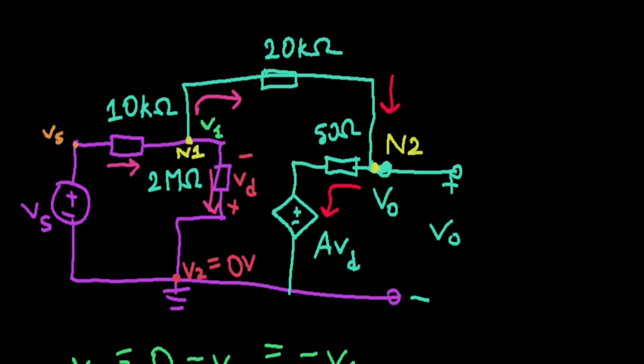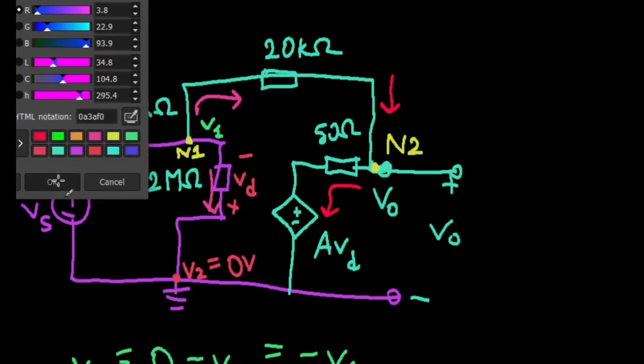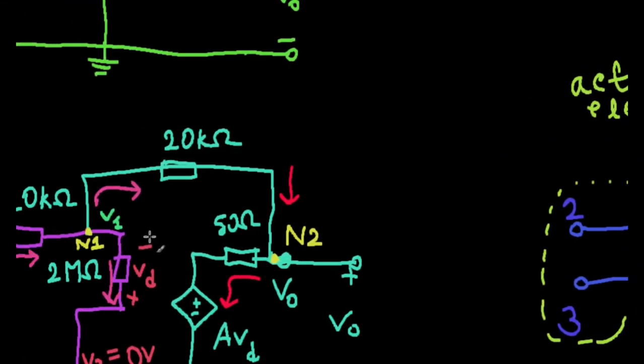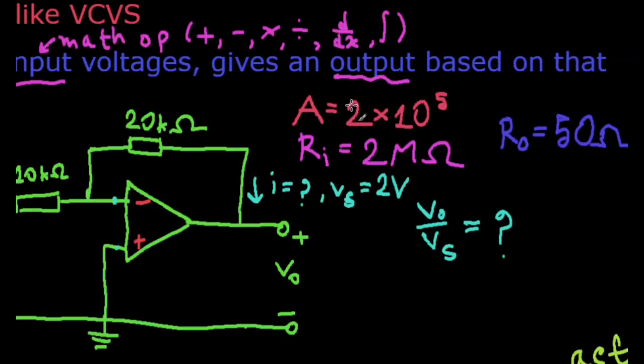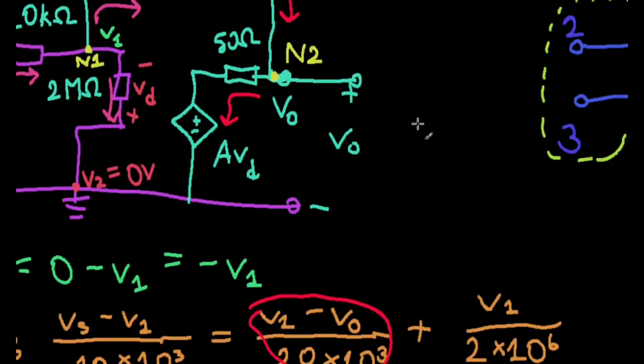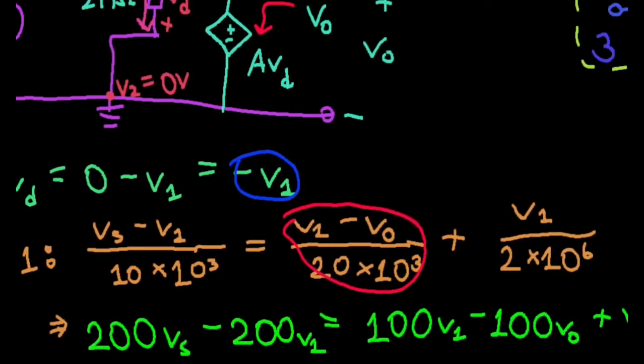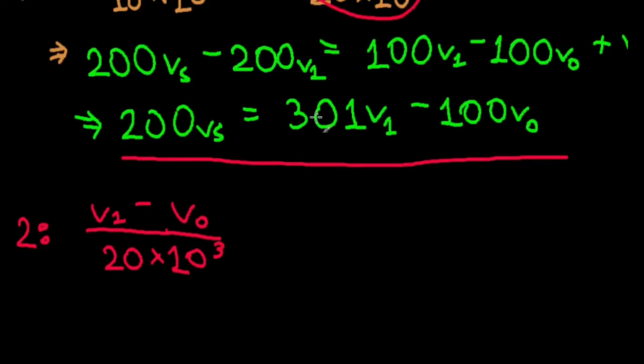But before writing that, I'd like to do a simplification here. First, we know A is just a number, your open loop voltage gain, which is 2 times 10 to the 5. We can just substitute that, and we also know what V sub D is. That's just equal to minus V sub 1. So let's write the current as it is: V naught minus A V sub D, divided by 50.